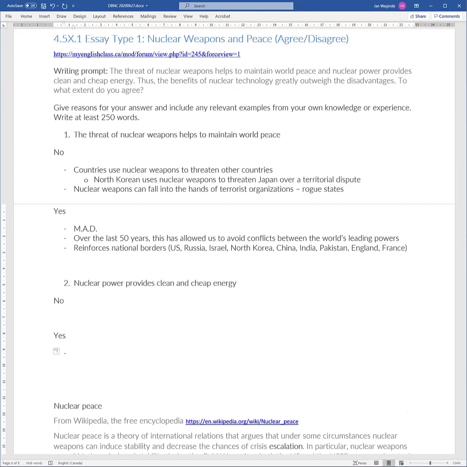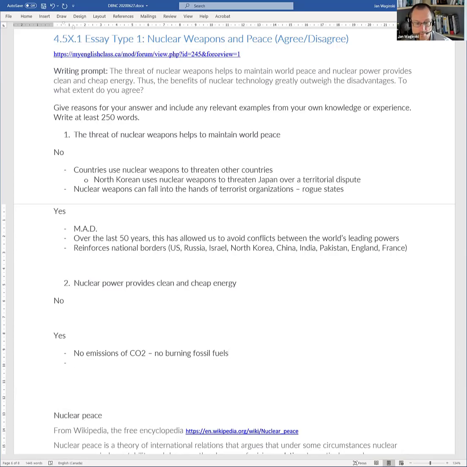First, because there is no emission of CO2 or other gases, because there is no burning of fossil fuels. Good. Okay. Anything else you can say about that? So as a result, it will be an environmentally friendly type of energy.